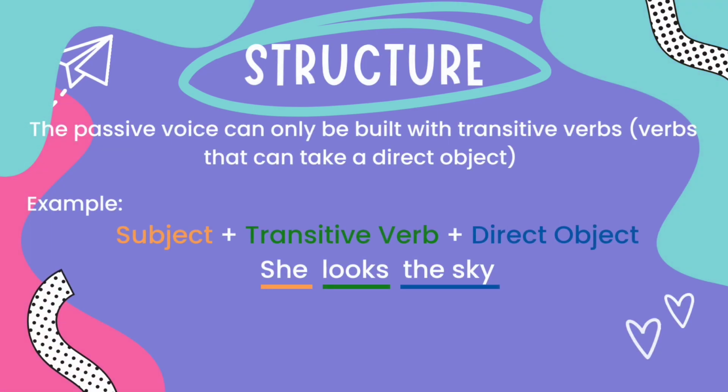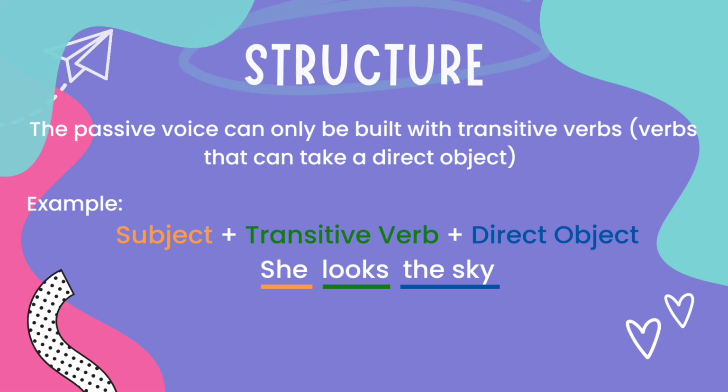Structure. The passive voice can only be built with transitive verbs that can take a direct object, which are those that express the action that the subject exerts on another person or thing, which is indicated in the predicate, specifically in the direct object. Example: she looks at the sky.